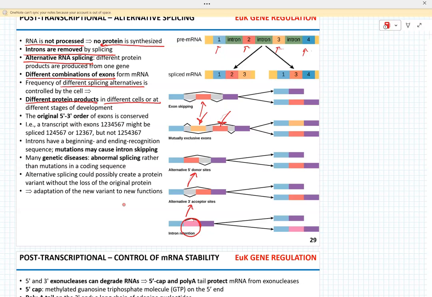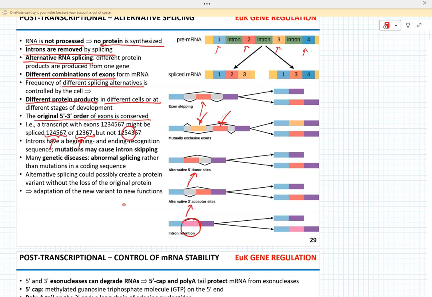It's important to highlight that the order of exons from the 5' to 3' end of the mRNA molecule is always conserved. So a transcript with exons numbered from 1 to 7 can only produce alternative splicing variants which are missing, for example, 3, or 4 and 5, but they cannot be rearranged in the other direction.